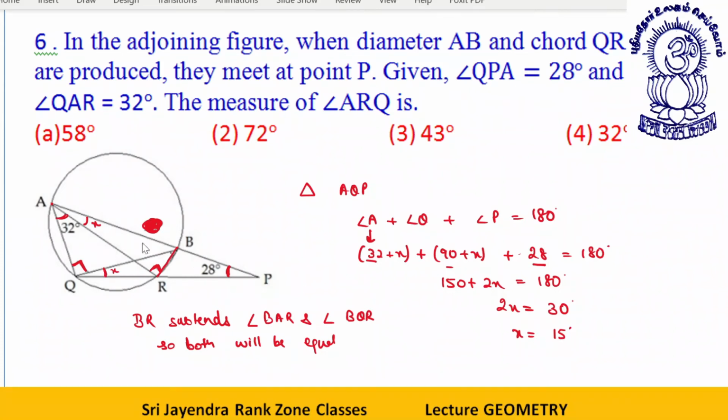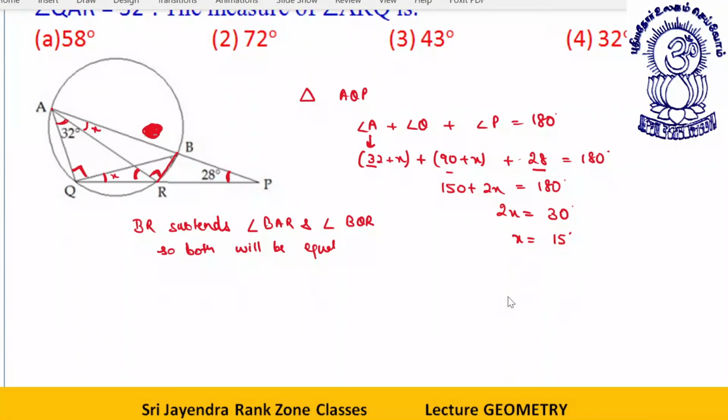You have got this x as 15 degrees. Now you require this angle. Dear students, I am removing the question now. Chord AQ subtends both the angles, angle ABQ and angle ARQ.